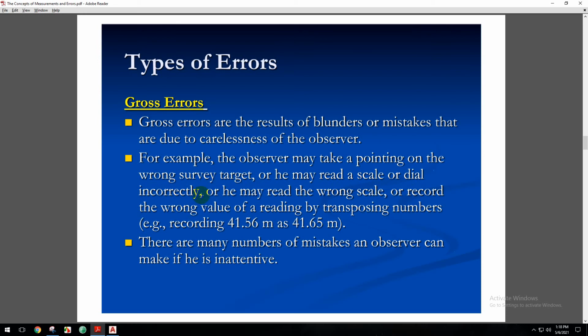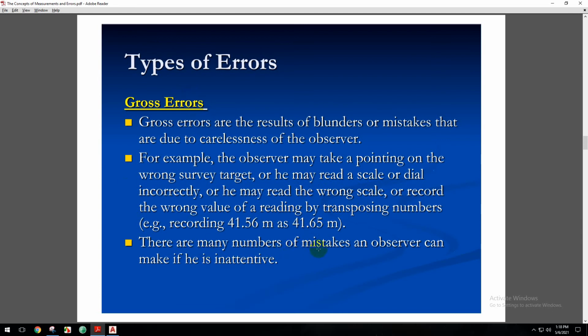Or he may read a scale or dial incorrectly. So dili mao ang nabasa nga angle, sayop iyang pagbasa. Record the wrong value of a reading by transposing numbers. So for example, 41.56 and 41.65. So gross error na sila. Ang vertical angle iyang ibutang sa horizontal angle sa notes or vice versa. So gross error na pud. So gross errors na siya.